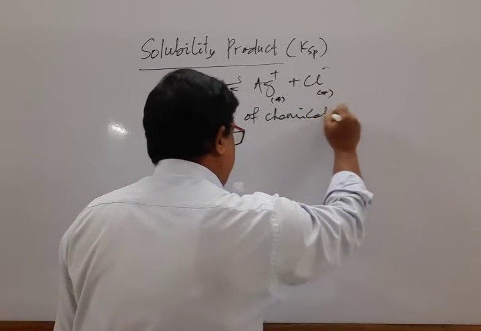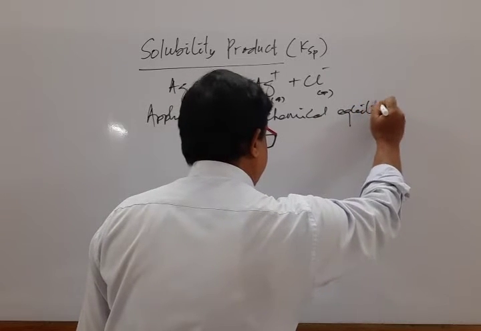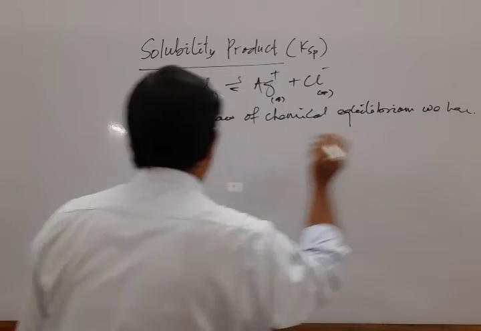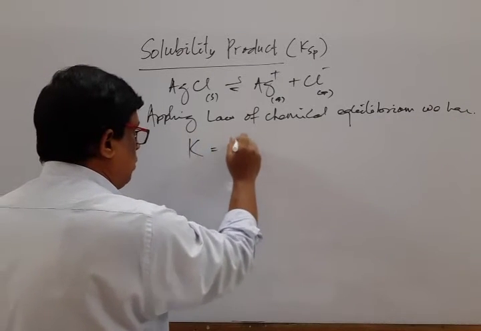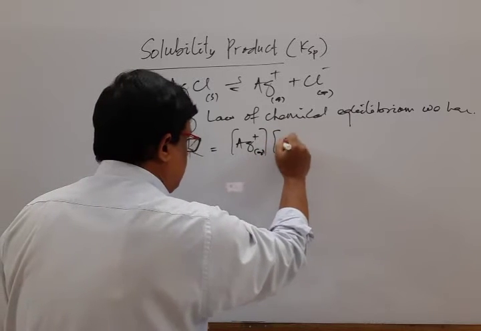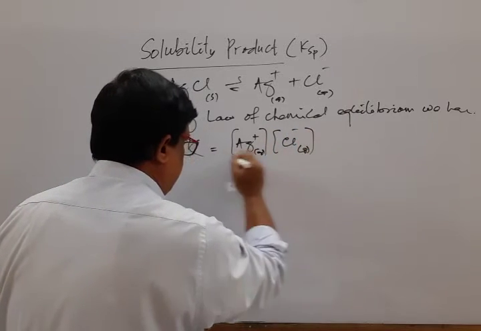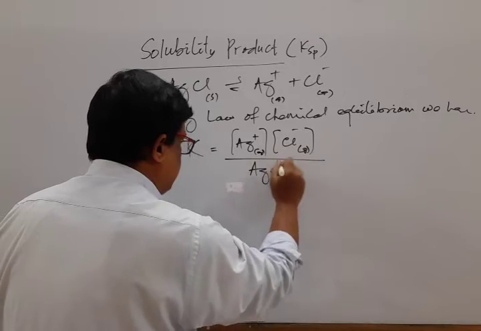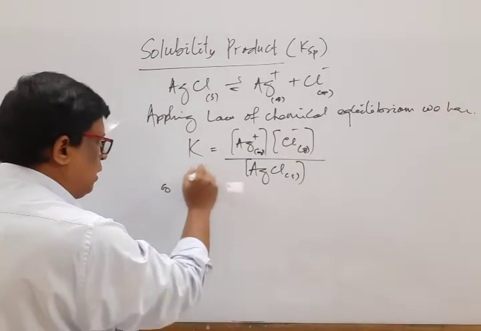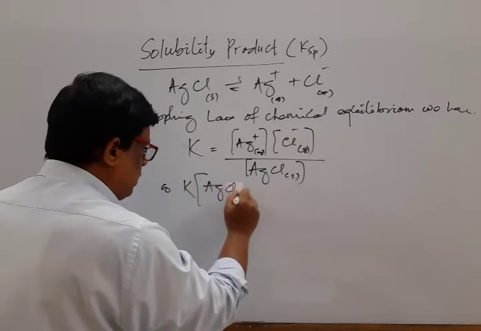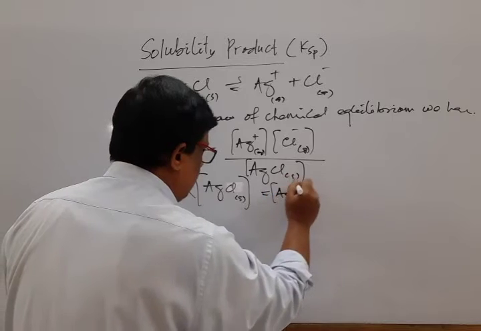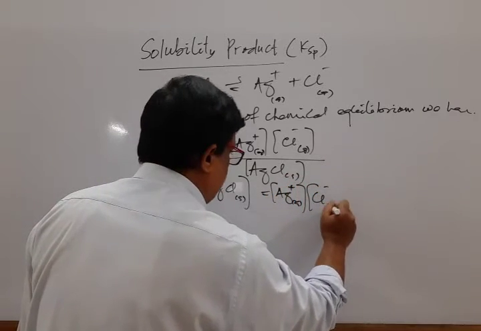We have K equal to [Ag+(aq)] times [Cl-(aq)] divided by [AgCl(s)]. On cross multiplication, K times [AgCl(s)] is equal to [Ag+(aq)] times [Cl-(aq)].